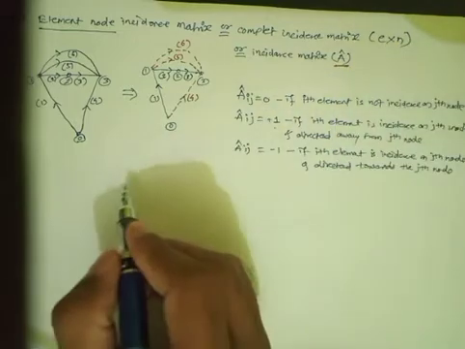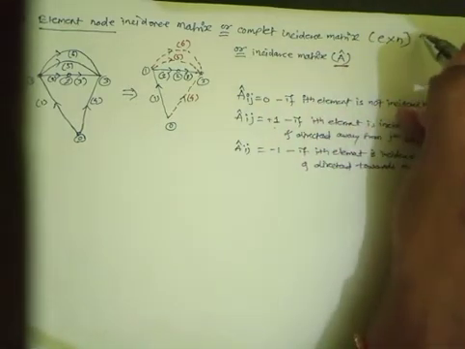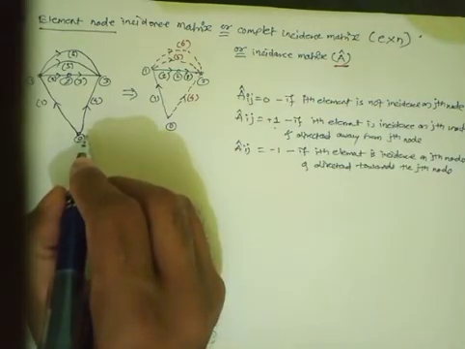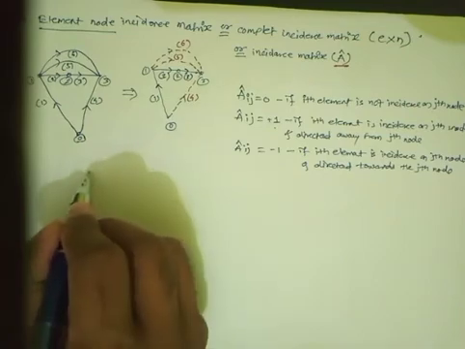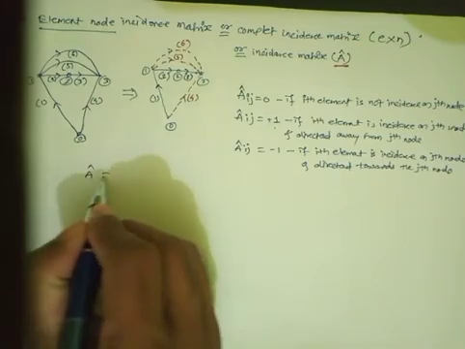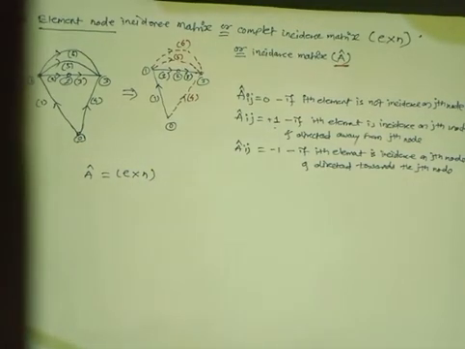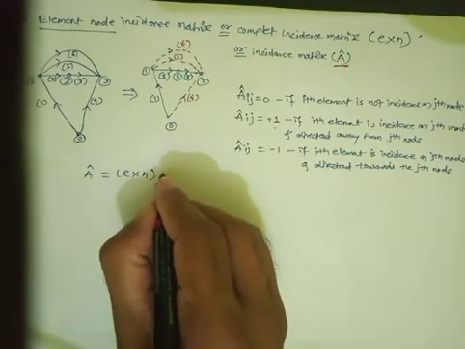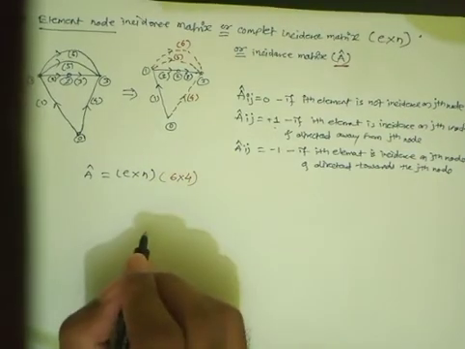Obviously this matrix will be 6 by 4 for this particular network graph. If it changes, your dimension may also change. So the dimension for the A cap matrix will be E cross N, and for this given oriented network it will be 6 by 4.